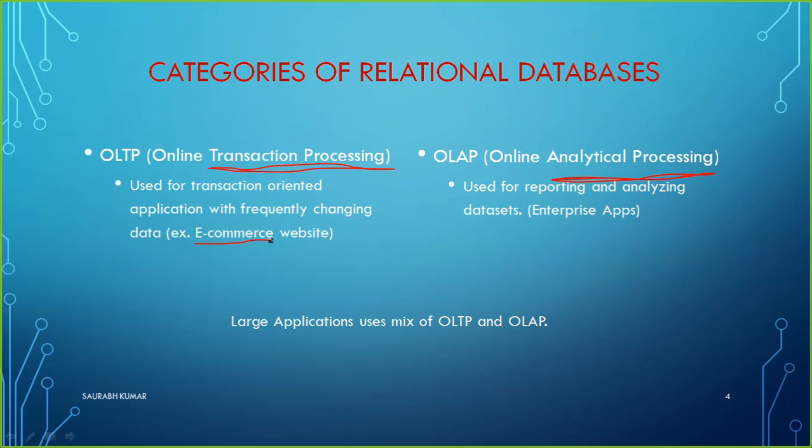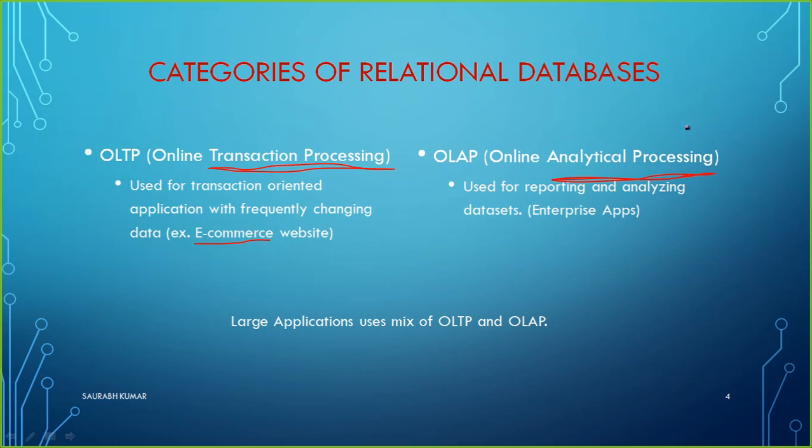That type of relational database we put into the category of online transaction processing, whereas the other one is analytical processing. Maybe you have too much data there, but you are just fetching the data for reporting or analyzing. Maybe you are using some app which gets the data from that database.